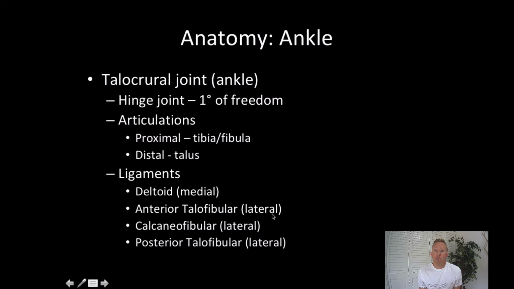Those ligaments are on the outside of your ankle, and if you've ever sprained your ankle, you'd see a little pocket of swelling, in many cases just below that bone on the outside of your ankle, the lateral malleolus. So these ligaments are on that outside and attach the bones together. Ankle sprain is the most common orthopedic injury, and these are the ligaments that are usually stretched or torn.